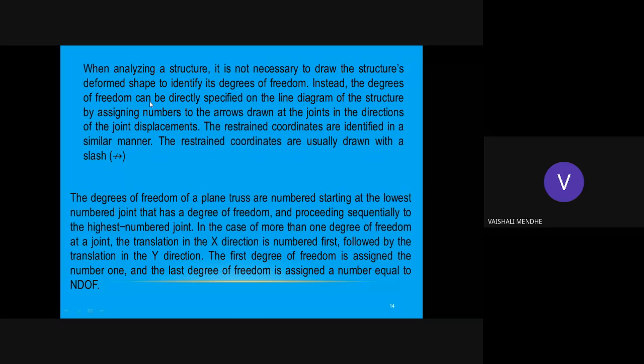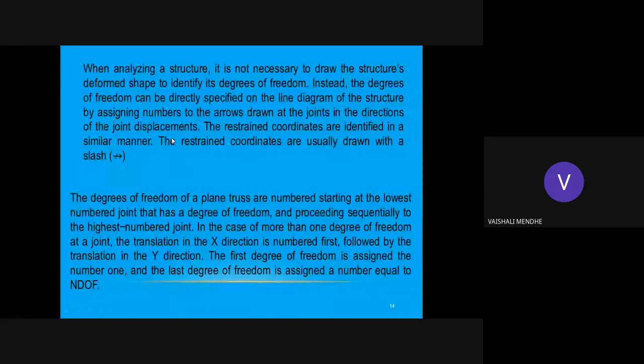When analyzing a structure, it is not necessary to draw the structure's deformed shape to identify its degrees of freedom. Always it is not possible to draw the deformed shape. Instead, the degrees of freedom can be directly specified on the line diagram of the structure by assigning numbers to the arrows drawn at the joint in the direction of the joint displacement.